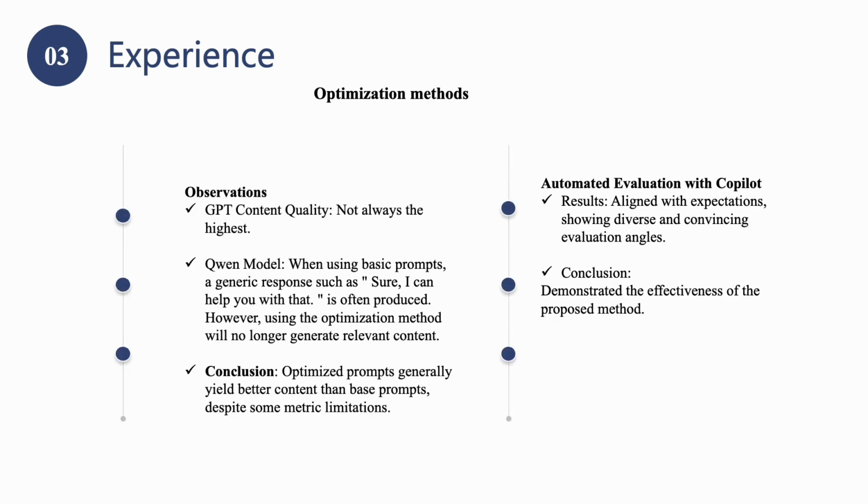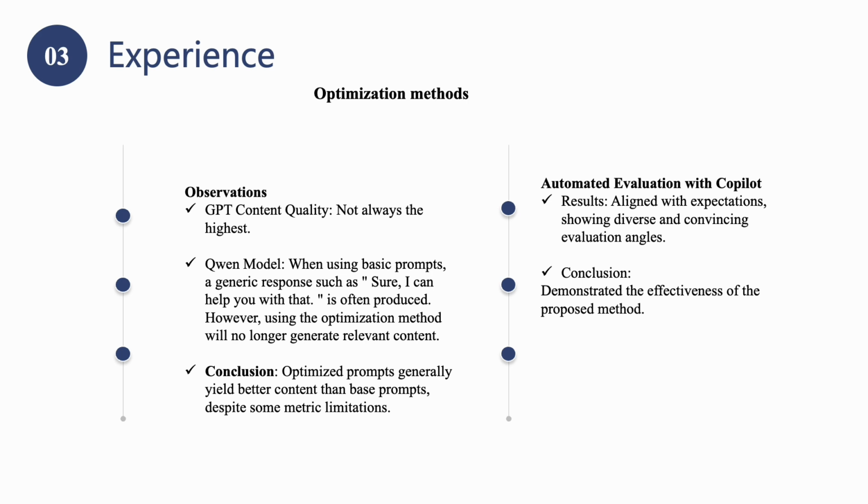By observing the generated data, we can find GPT content quality is not always the highest, and the result of evaluation with Copilot aligned with expectations, showing diverse and convincing evaluation angles. In chat models, when using basic prompts, a generated response such as "Sure, I can help you like that" is often produced.